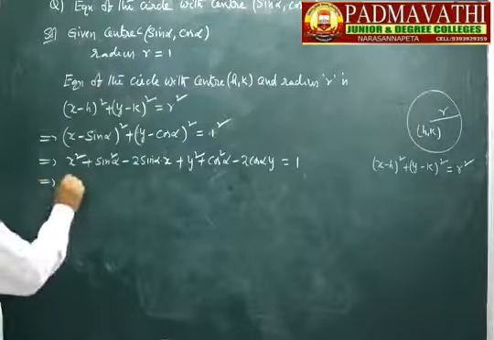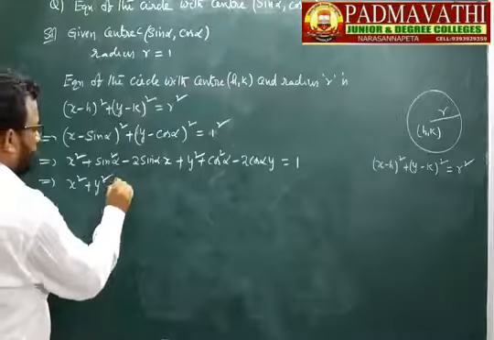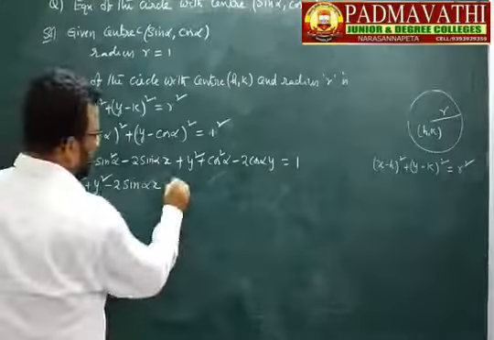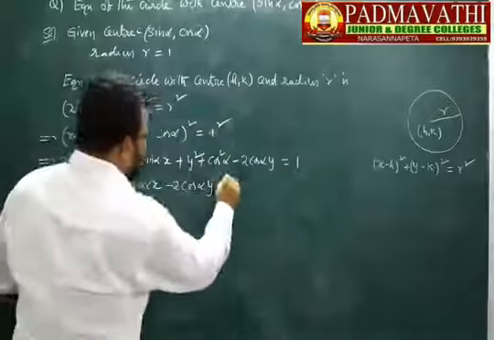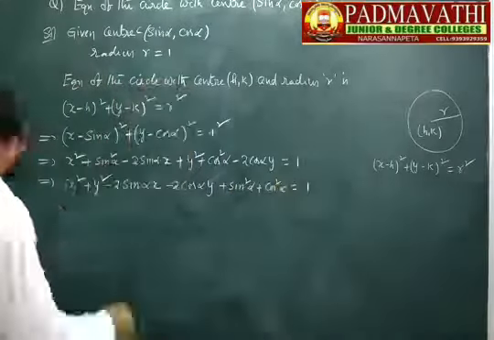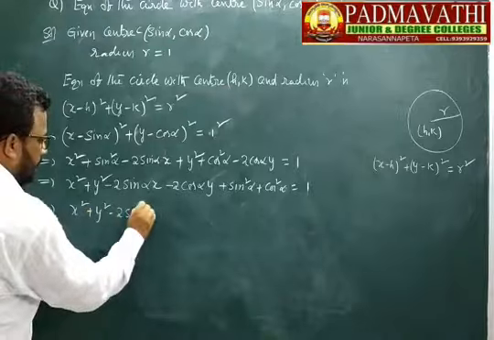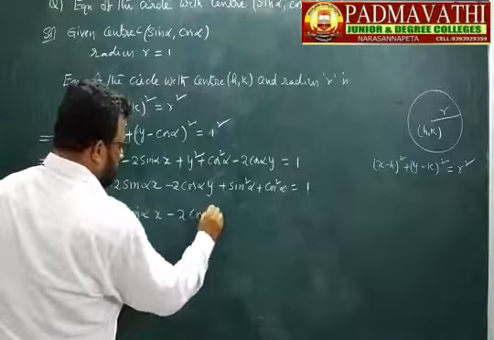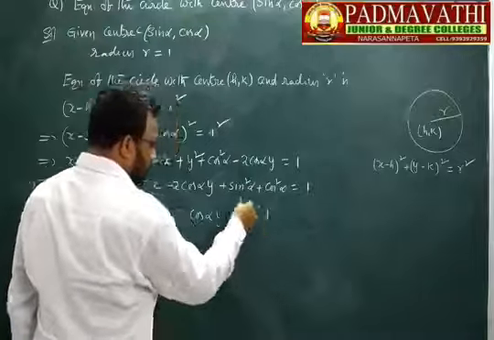That implies, simplifying this, x square plus y square minus 2 sin alpha x minus 2 cos alpha y plus sin square alpha plus cos square alpha, where sin square alpha plus cos square alpha is equal to 1. That implies x square plus y square minus 2 into sin alpha x minus 2 into cos alpha y plus 1 is equal to 1, and the 1 gets cancelled.